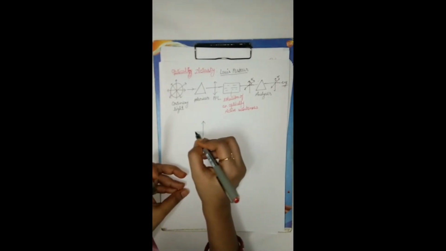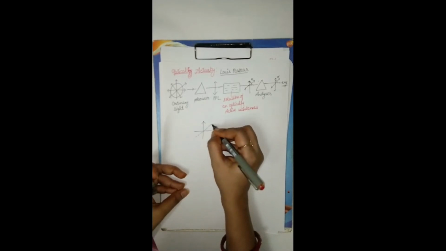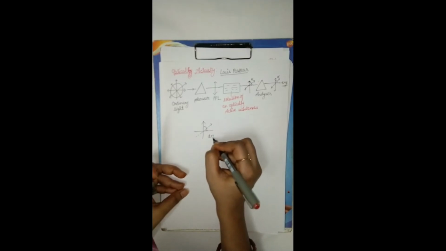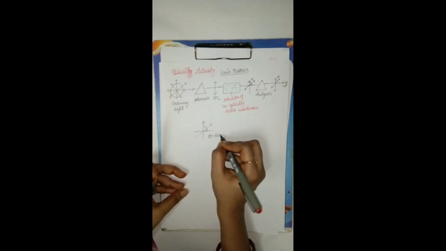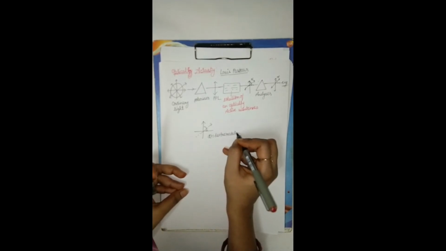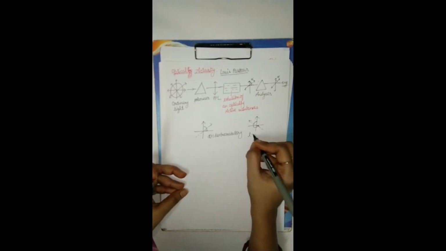This is the plane polarized light, and if it rotates like this, it is dextrorotatory, and if it rotates like this, then this is levorotatory.